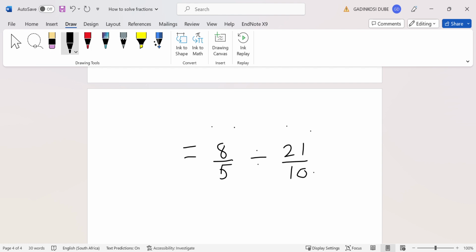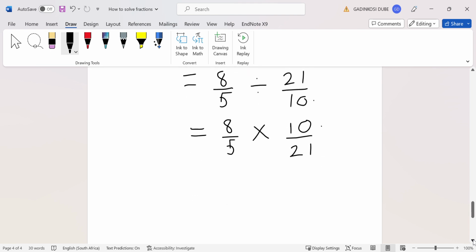Dividing 8 over 5 is the same as multiplying it by the reciprocal of 21 over 10, which is 10 over 21. You just swap. It's an inverse. The inverse of 21 over 10 is 10 over 21.